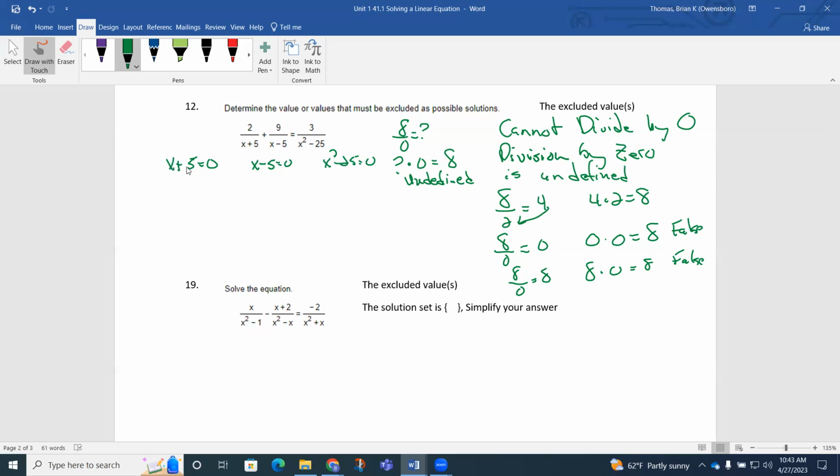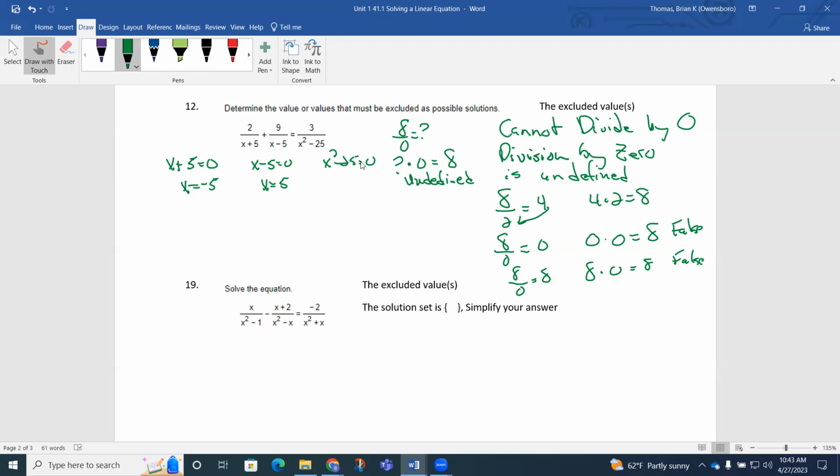Now, this is a linear equation. What makes this linear equation equal to 0? Well, that would be x equals negative 5. So you can subtract 5 on both sides, if you will, and get that. So what would make this equation equal to 0? Notice how that would be x equals 5. 5 minus 5 would be 0. So those would be exclusions.